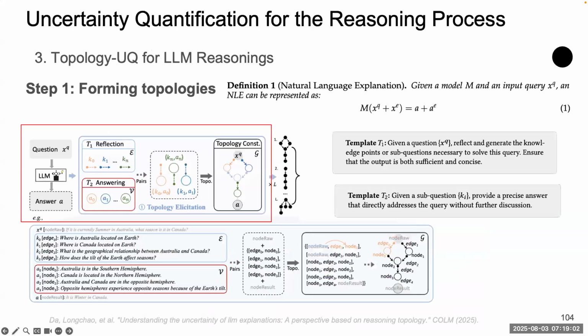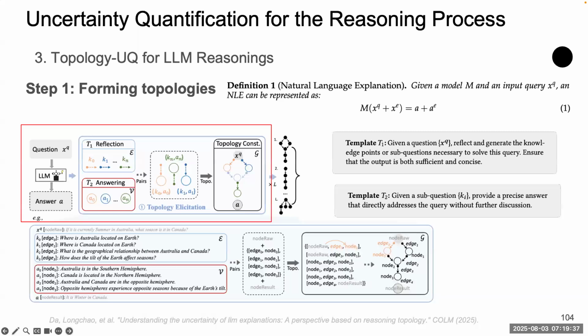And so in this paper, they introduce these methods. Firstly, of course, they form topologies first, by asking two questions: given this question, reflect and generate knowledge points or sub-questions. What sub-questions should I generate? Those sub-questions are used as edges in the topology. Then, given this sub-question, provide a precise answer, and that is the node for that question.